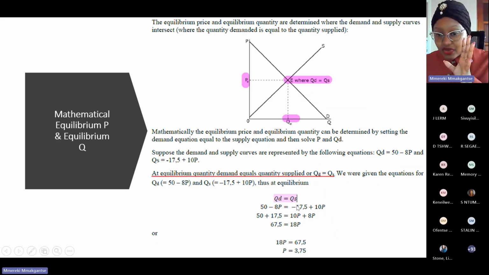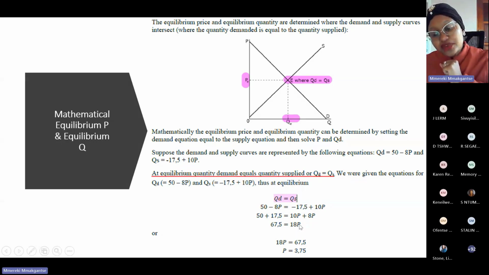You take your numbers, your intercepts. Remember, we said this is the intercept, the A in A minus BP. So 50 plus 17.5 is 67.5. And on this side, 10P plus 8P is equal to 18P.